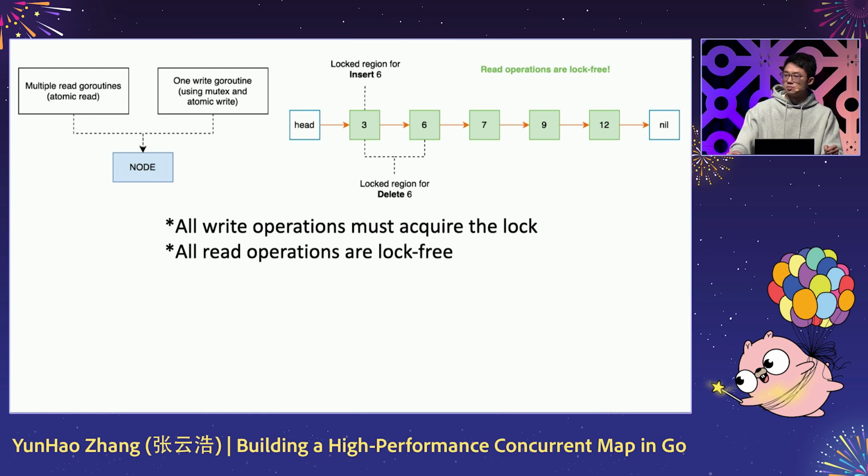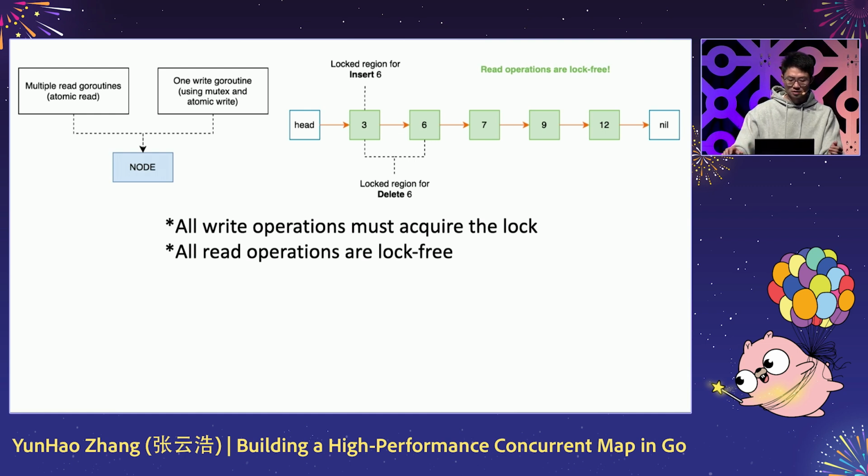For insertion, because the only connection between the front and back parts of the linked list is the next pointer, if we control the next pointer, we also control the connection. This means that if we acquire the node lock, then we can insert a new node after it.